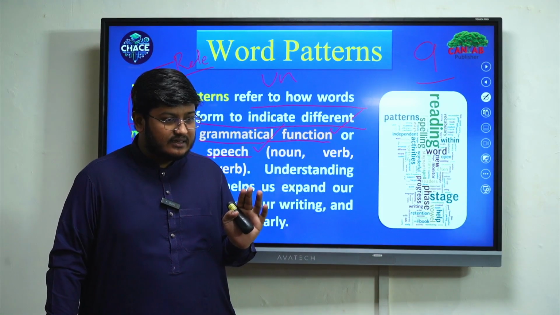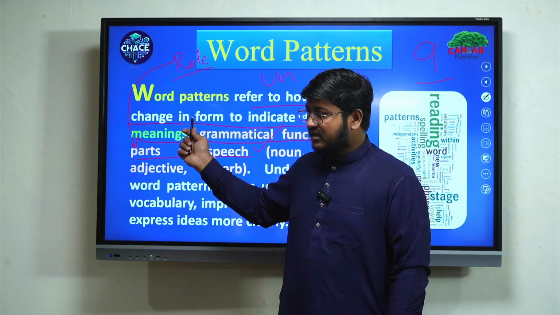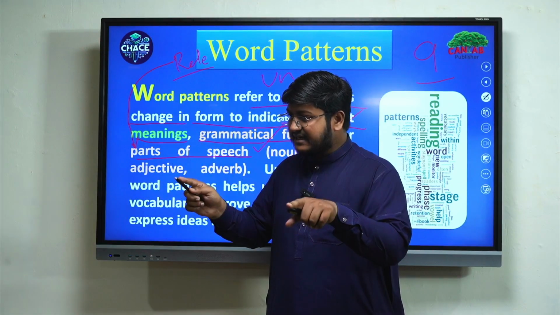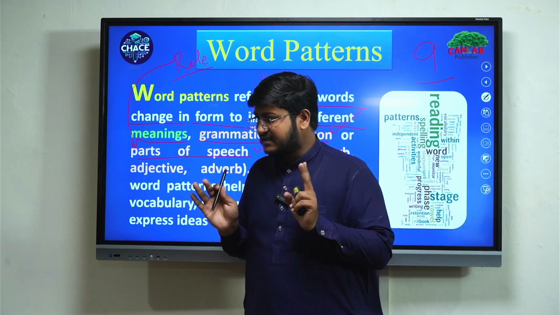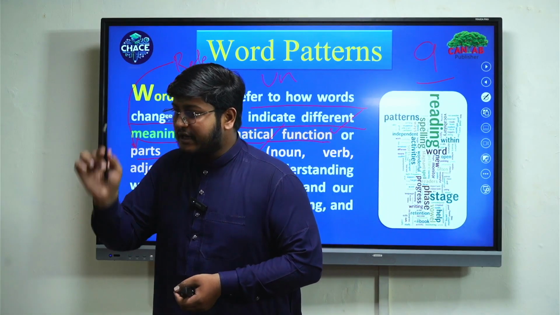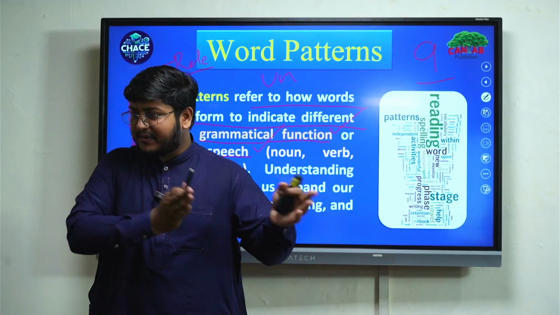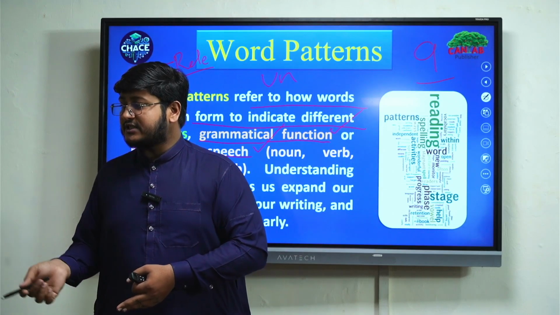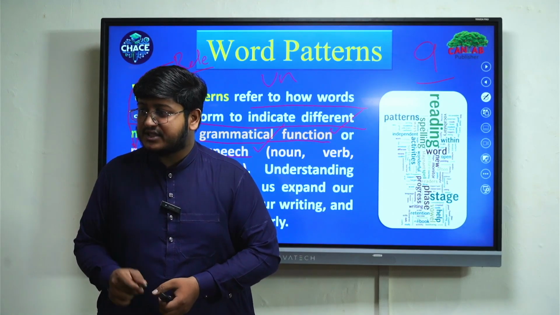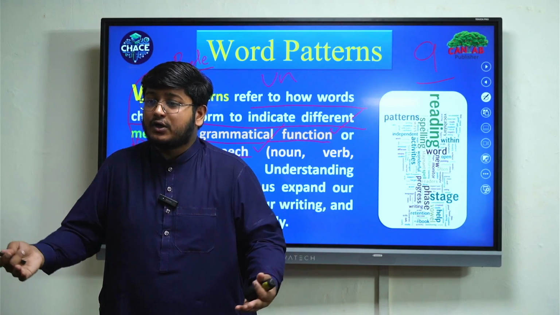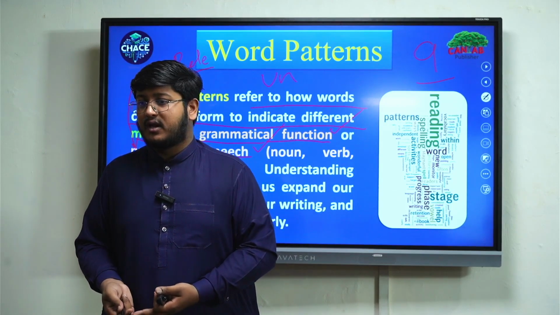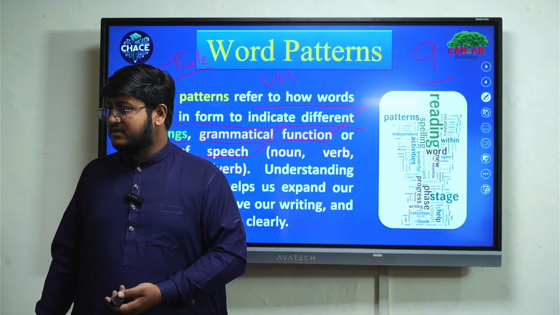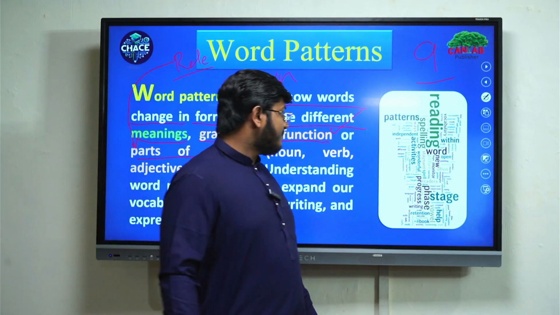Is that clear? इसी तरह एक word, उसकी basic attire same रहेगी. The root word will be the same, but the prefix and suffix will change. With the change of the prefix and suffix, the word will take a new look, a new part, a new role. Is that clear? Yes, students. So let's move further.